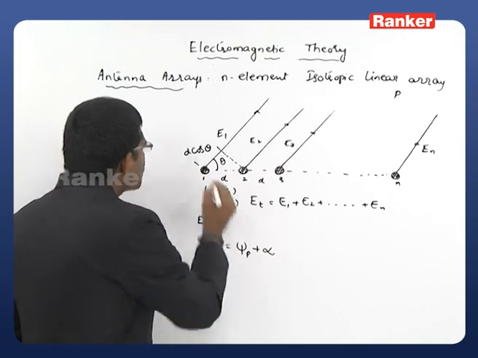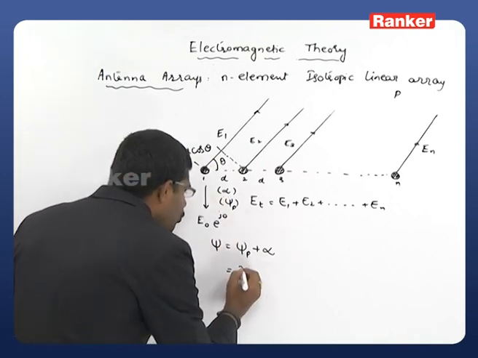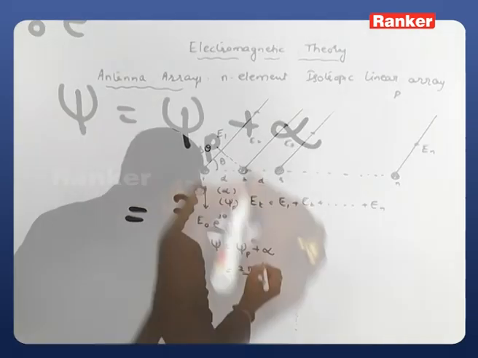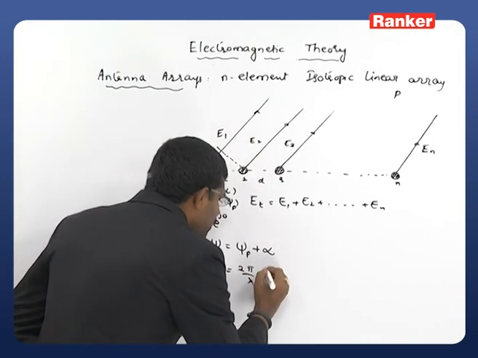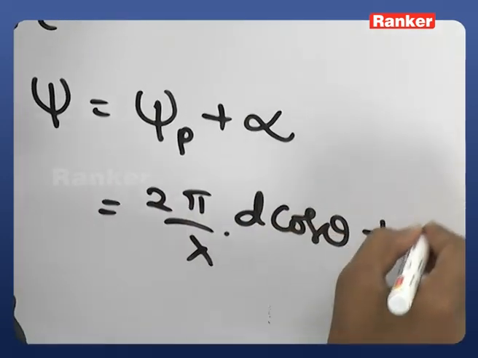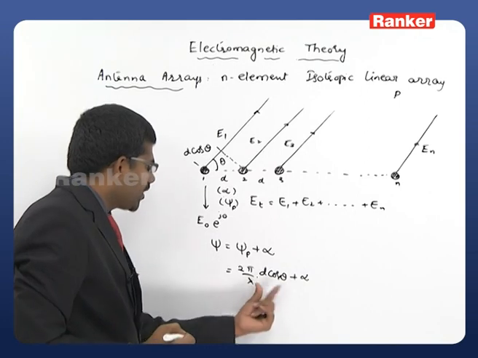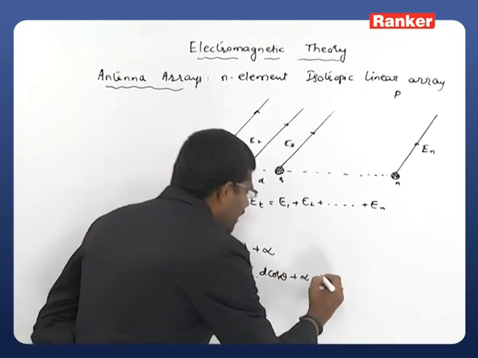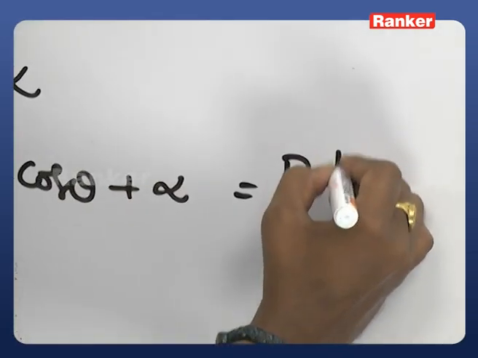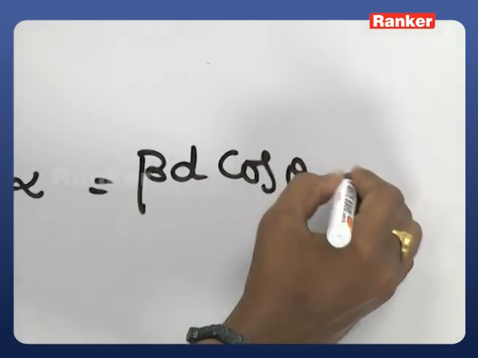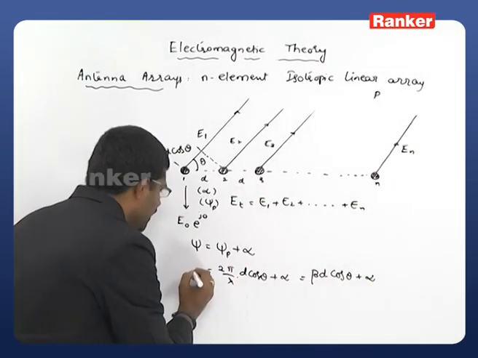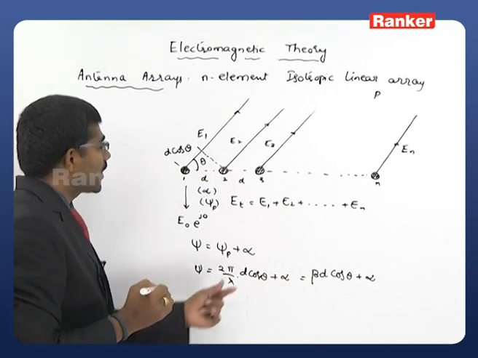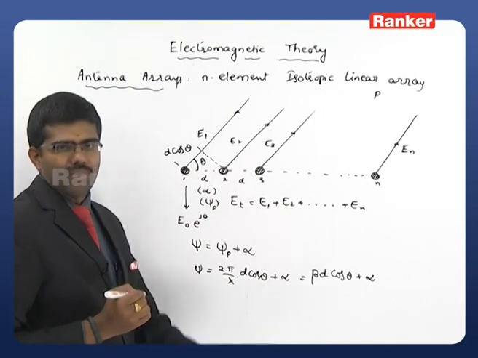Now what is psi p? Psi p is already given as 2 pi by lambda into our path difference d cos theta, plus alpha. 2 pi by lambda d cos theta plus alpha. This can be taken as just beta d cos theta plus alpha. This is our total phase difference between the first element and second element.